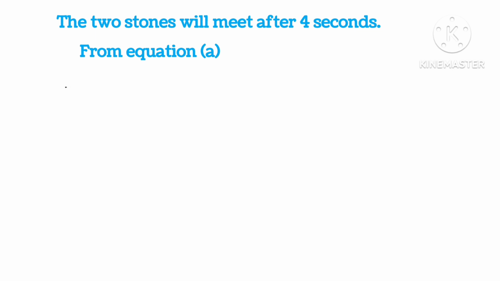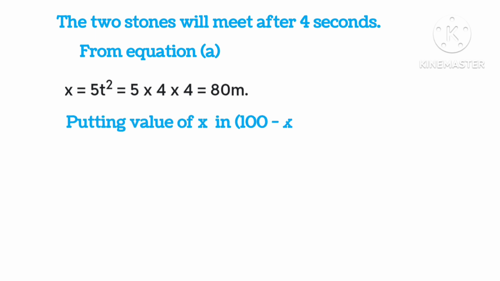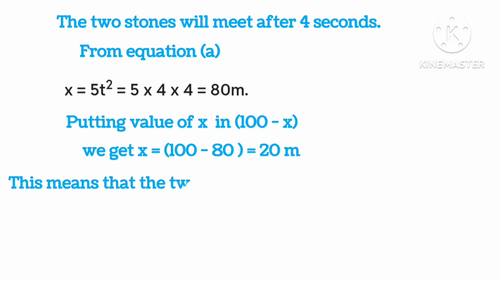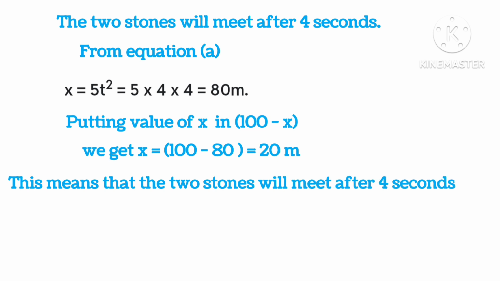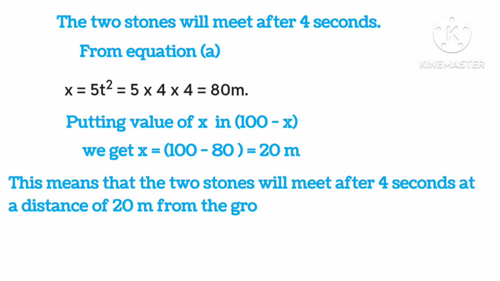From equation A, x = 5t², putting the value of t here, we get the distance 80 meters. Now putting the value of x in 100 minus x, we get 100 minus 80, that is 20 meters. This means that the two stones will meet after 4 seconds at a distance of 20 meters from the ground.